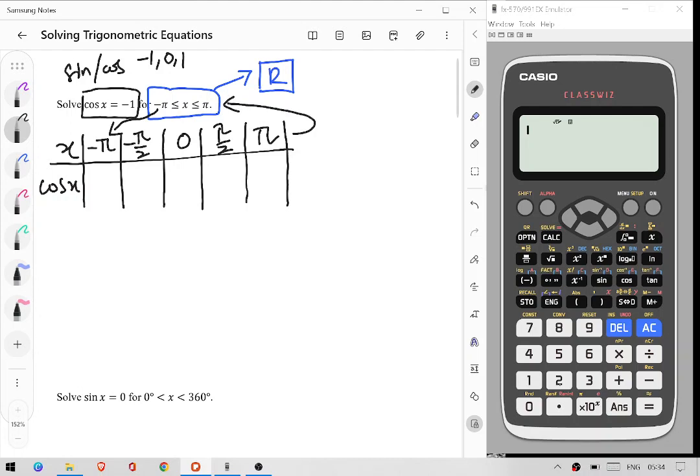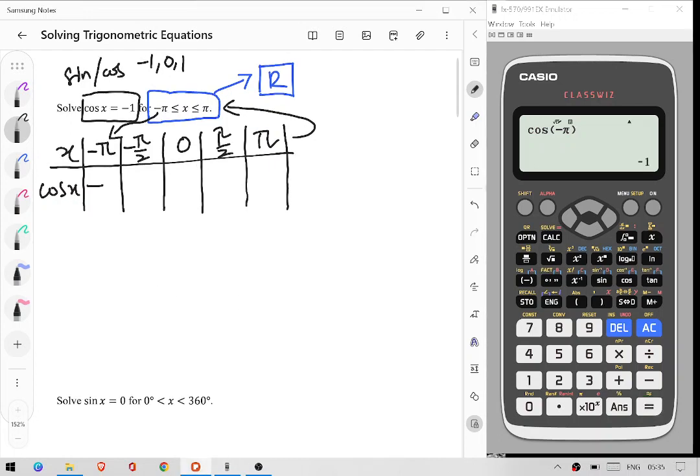Now what to do? Calculate the values one by one. So cosine of minus pi, close the bracket, push enter, it's minus 1.